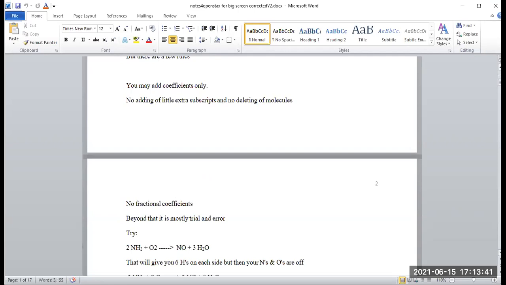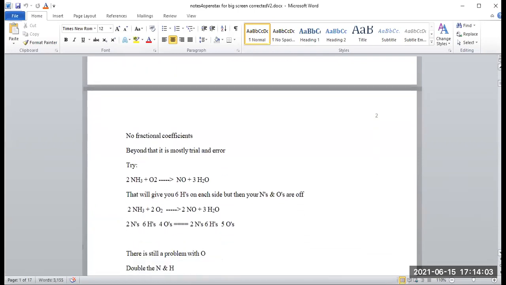The other thing that biologists tend to violate, and organic chemists to a degree, is that you're not supposed to use fractions for your coefficients, okay? The rest of it ends up being kind of a tinkering back and forth thing.